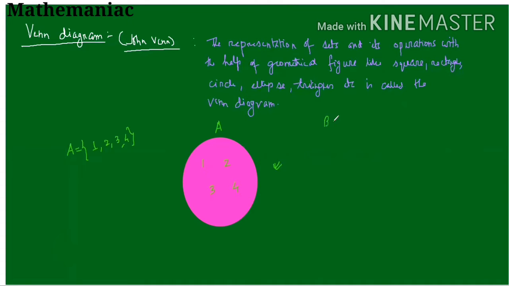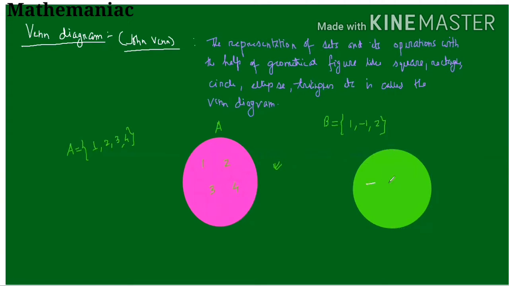If I have another set, say 1, -1, 2, no problem. You use another figure, and you write the elements here.